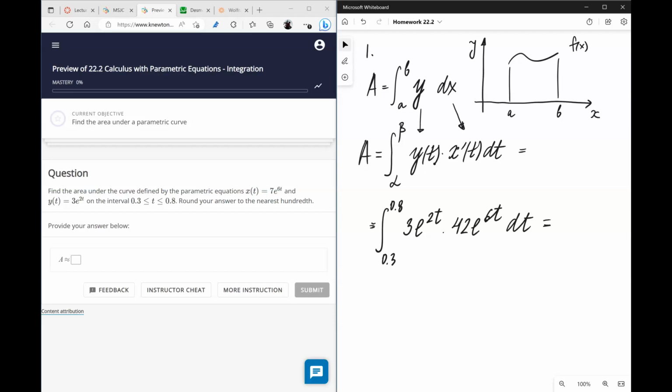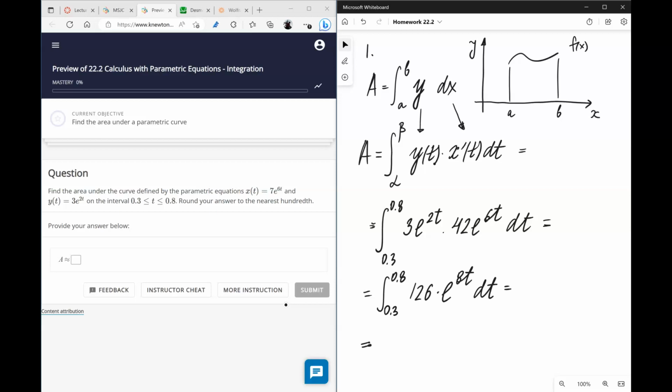So it's a rather simple integral. So we have 126 e to the power 8t dt.